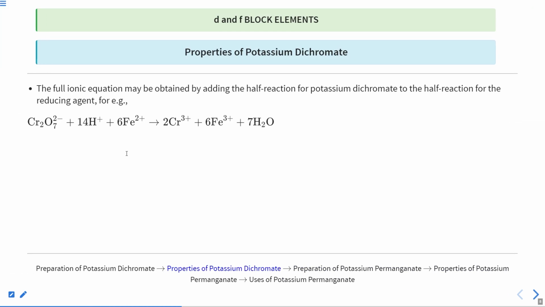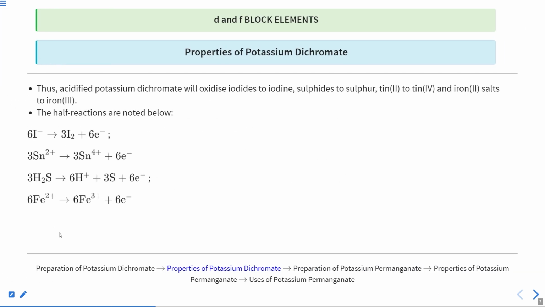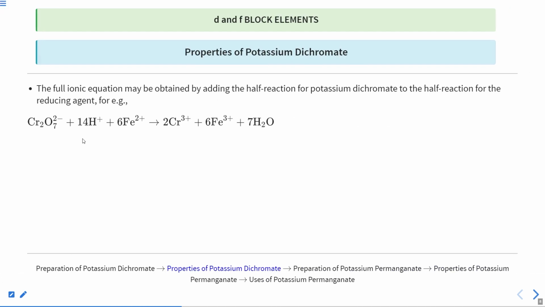Now let us say we are writing one reaction. We are taking the example of Fe2+ going to Fe3+. What we have done here is simply added this and this last reaction. So we got this final equation in which we are oxidizing Fe2+ to Fe3+.